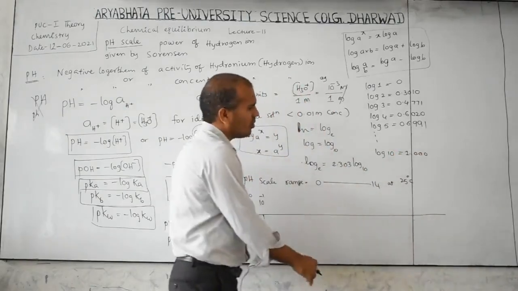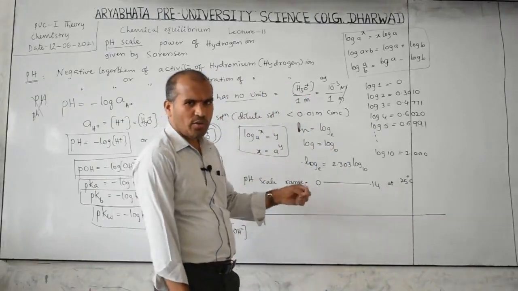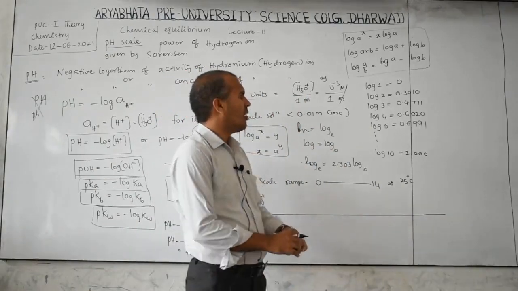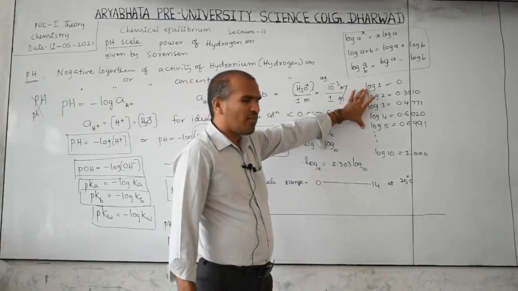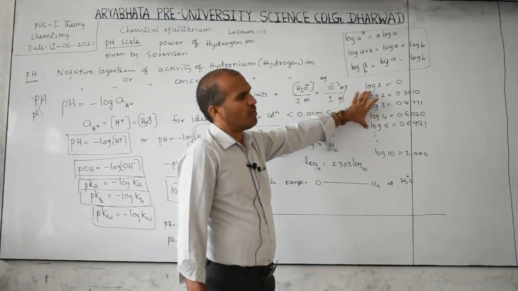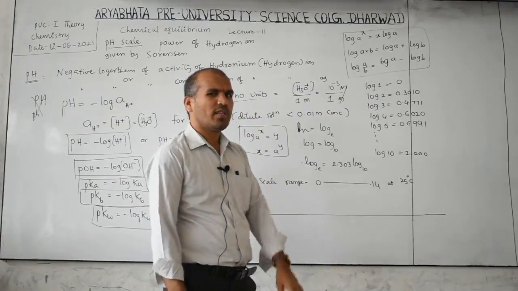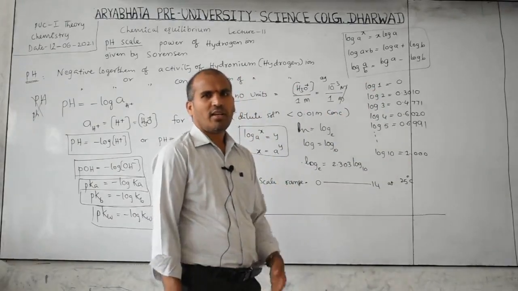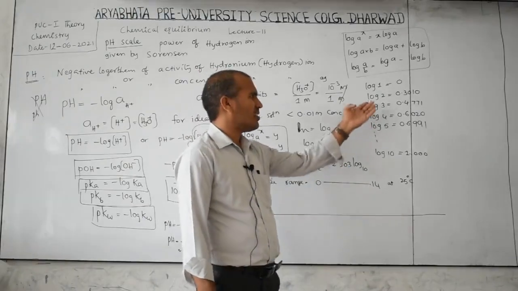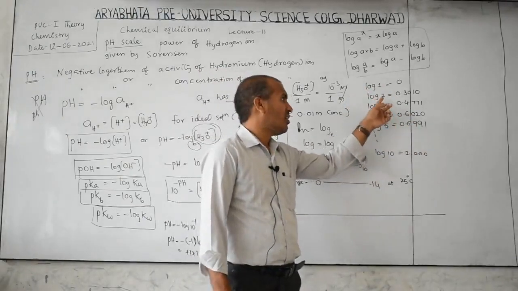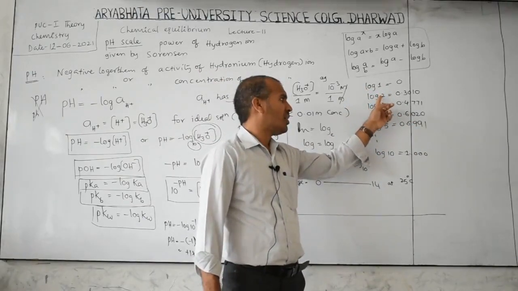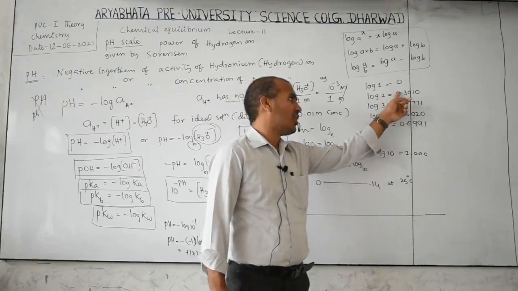The remaining values you can check from your logarithm table, because generally these are frequently involved in our problems. Therefore I wrote these, and you have to remember them; don't always go for checking your logarithm table, as this is a time-taking process. Remembering is not that difficult. Log 4 is double of log 2, so its value is also double.